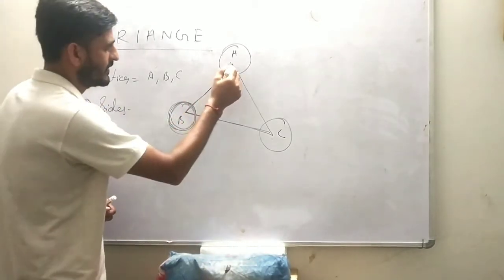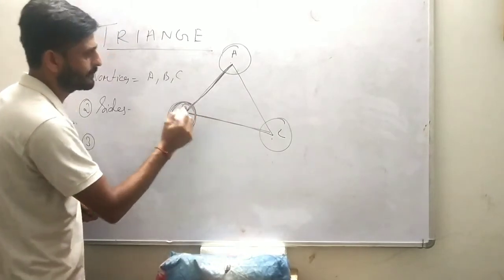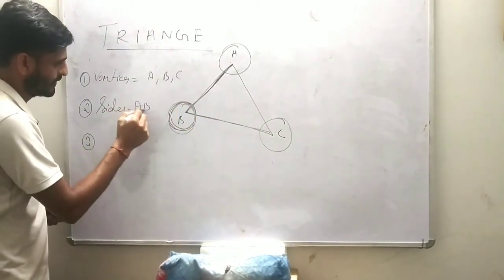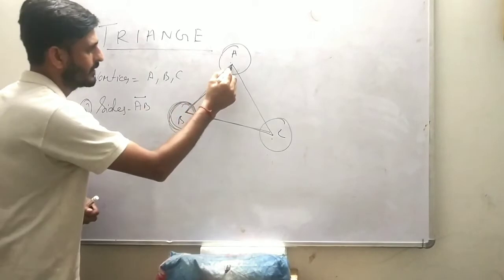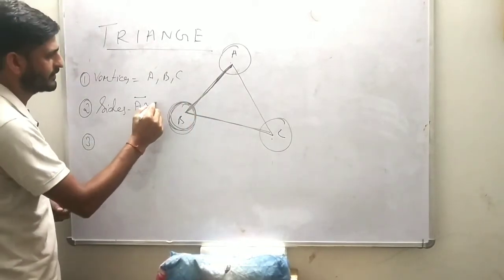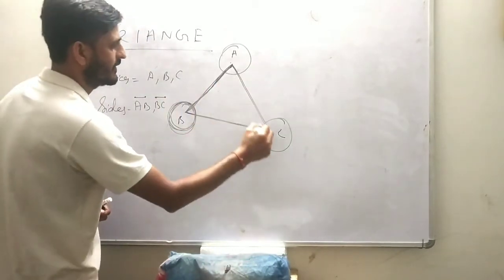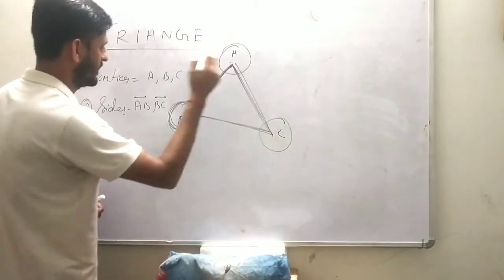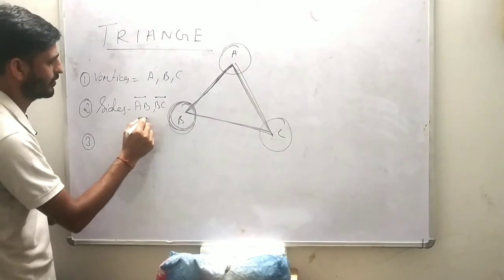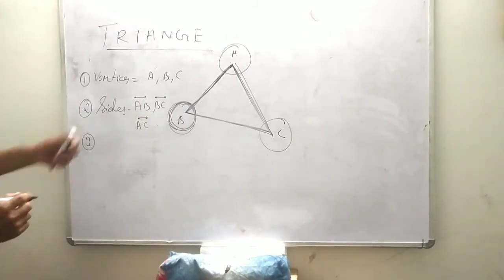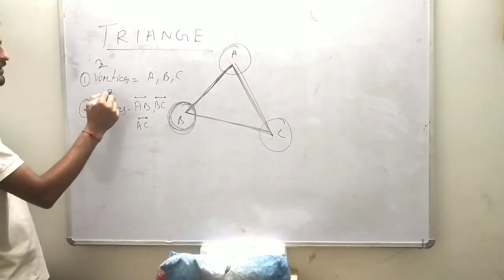One side is the line segment AB. Another side is BC, and another side is AC or CA. So we get three vertices and three sides.